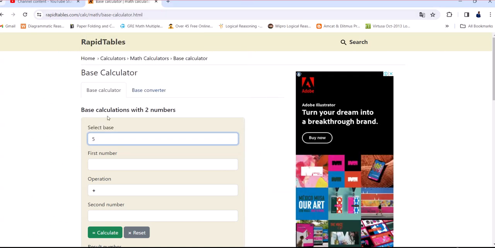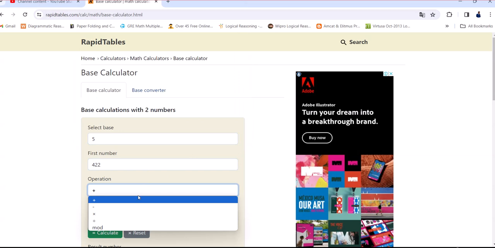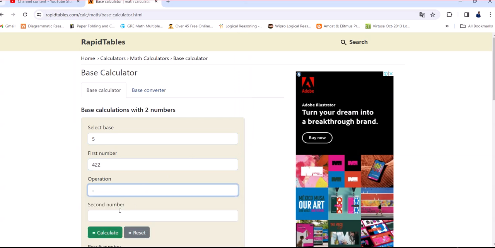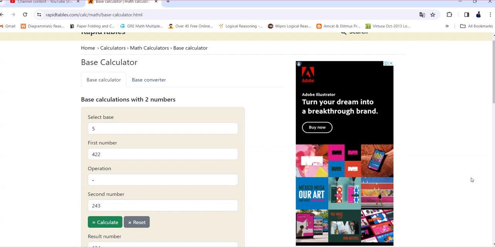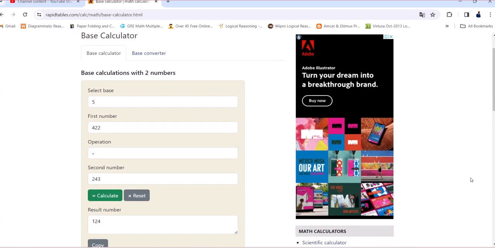What is the first value? 4 2 2. We did the subtraction. The other value, 2 4 3. Equates, and the result we need to check here: 124. We can see that we did it directly.